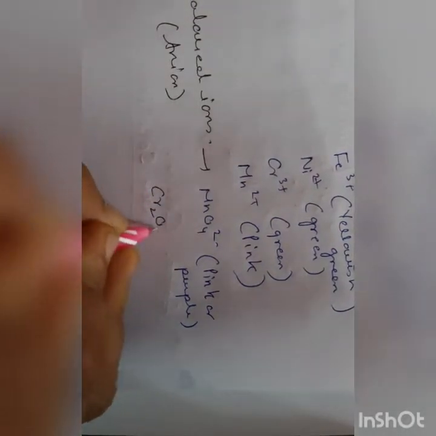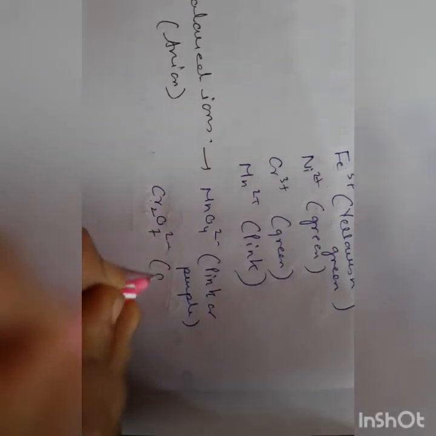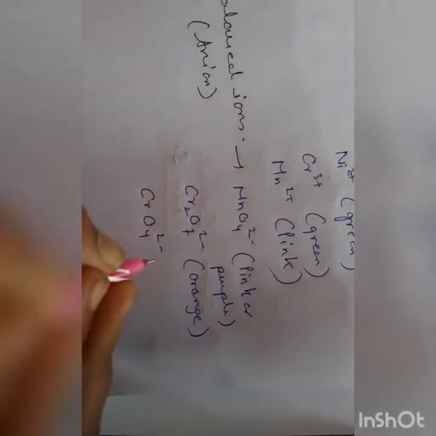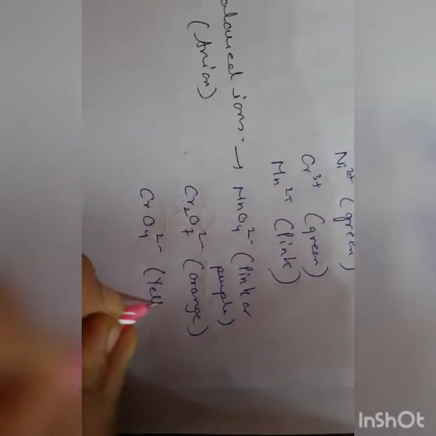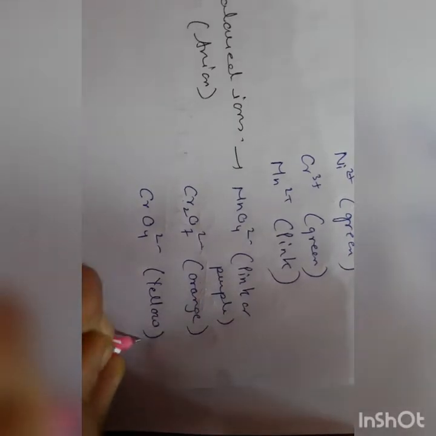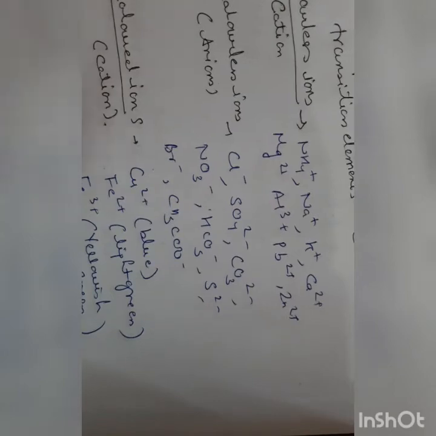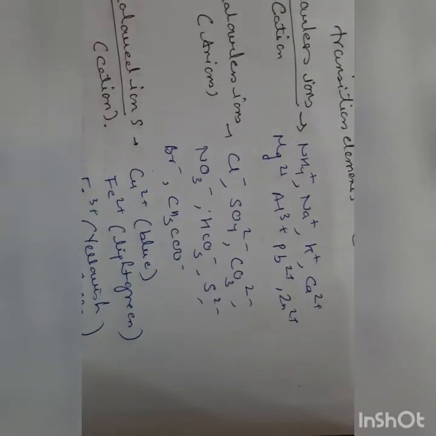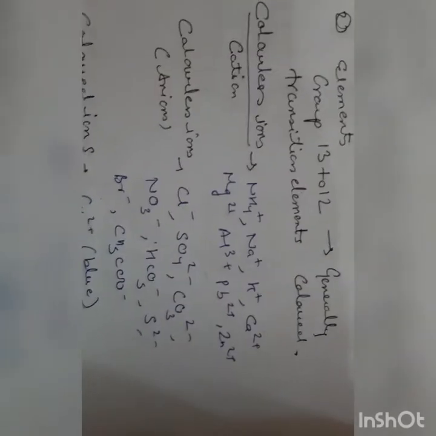Then dichromate ions, orange. Then chromate ions, yellow. So these are the examples of colorless and colored ions.